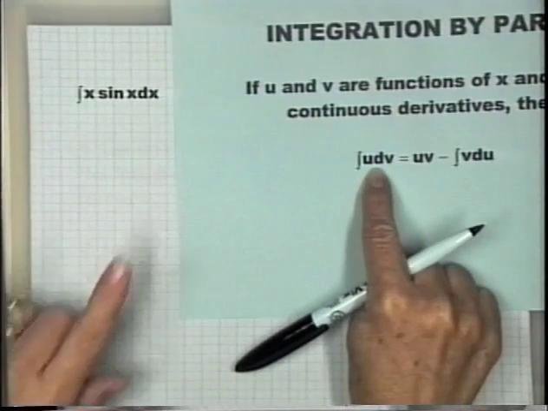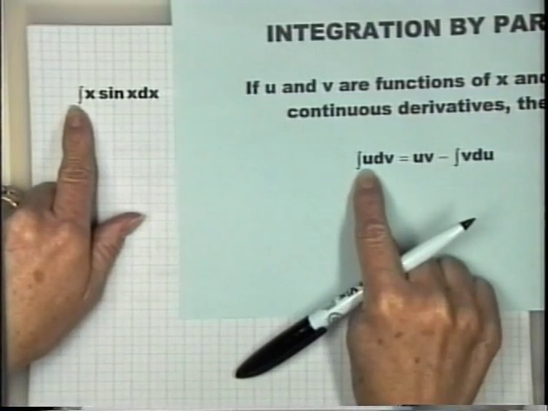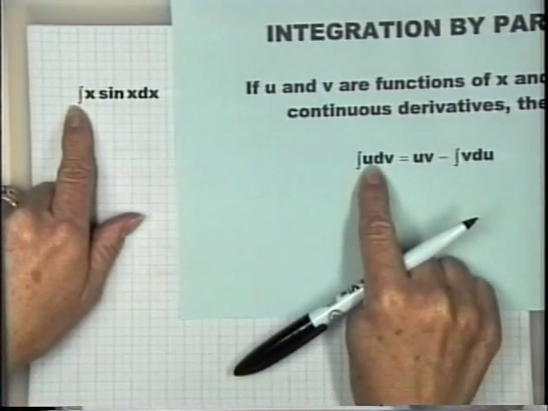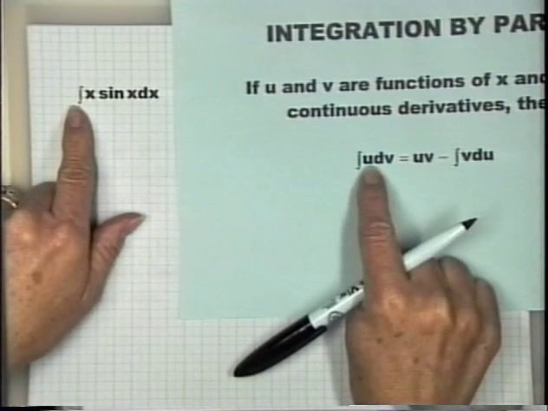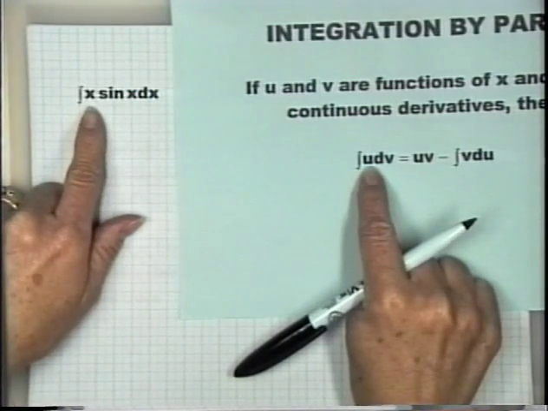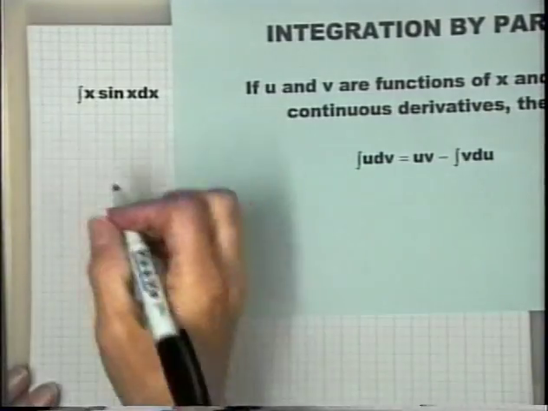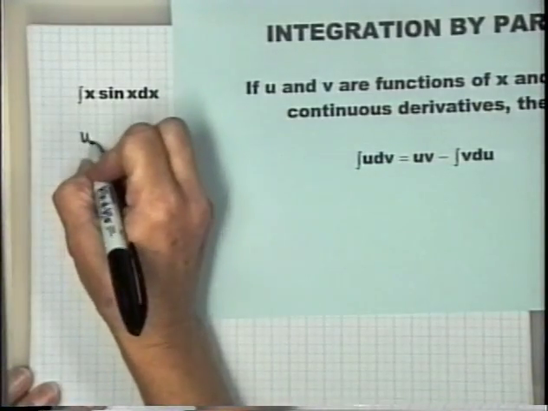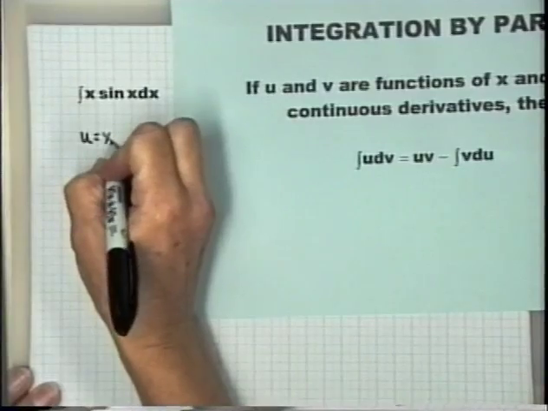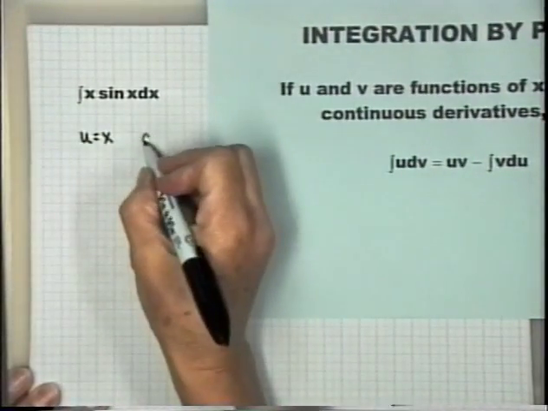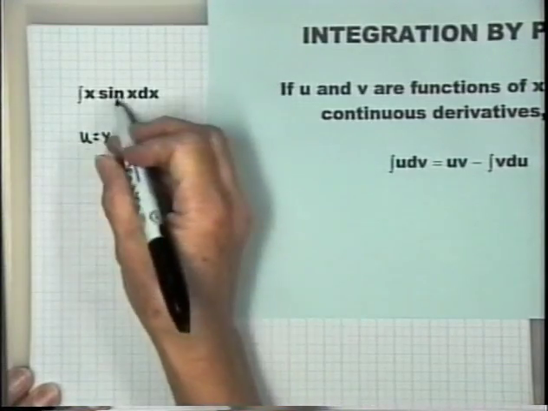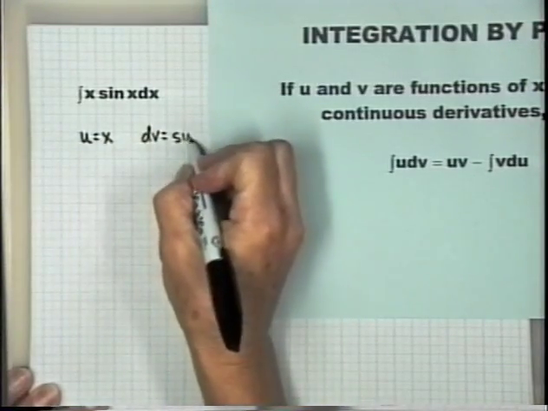So what we have to do is to take our integral, identify part of it as u and part of it as dv. Okay? Now, I will be giving you some guidelines after we do this example, but what I'm going to do right here is choose u to be the x that I see right here, and I'm going to choose dv to be the sine x dx.